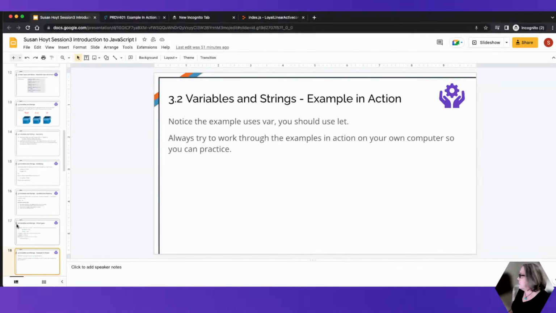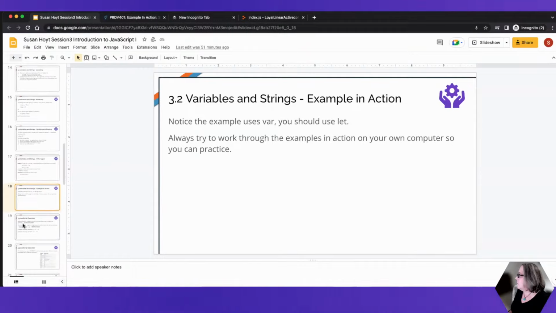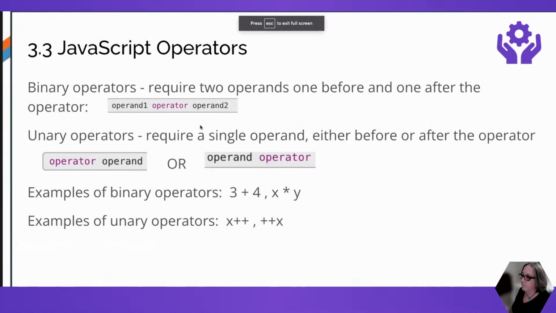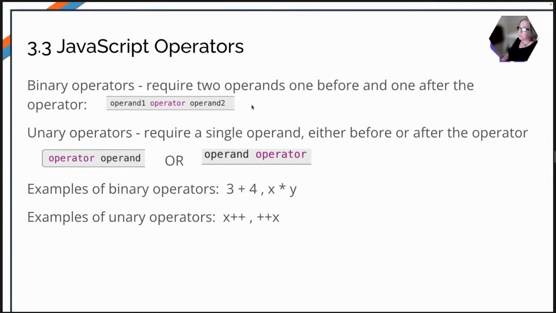All right, so now we're going to move on to 3.3. It talks about a lot of different operators, and I tried to reduce it to just a few for us to talk about here. Binary operators mean two operands, one before and one after.